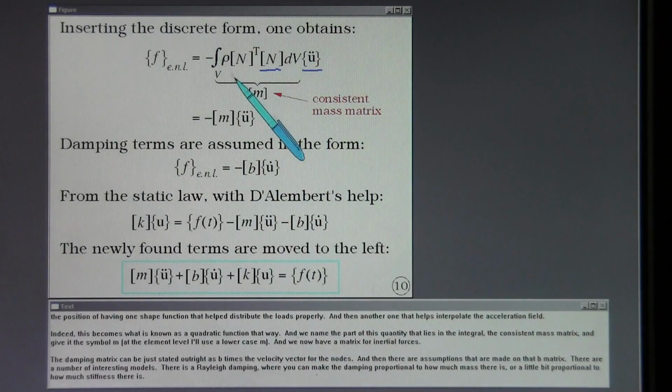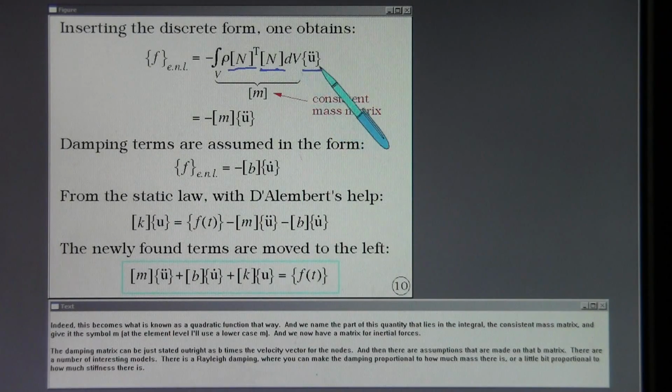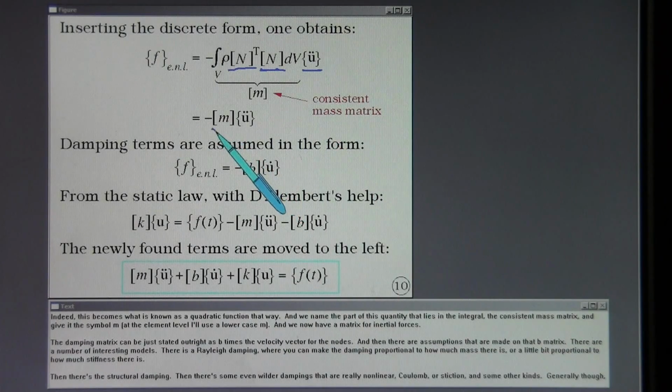We now are in the position of having one shape function that helps distribute the loads properly, and then another one that helps interpolate the acceleration field. Indeed, this becomes what is known as a quadratic function that way. And we name the part of this quantity that lies in the integral the consistent mass matrix and give it the symbol M. At the element level, I'll use a lowercase m. And we now have a matrix for inertial forces.